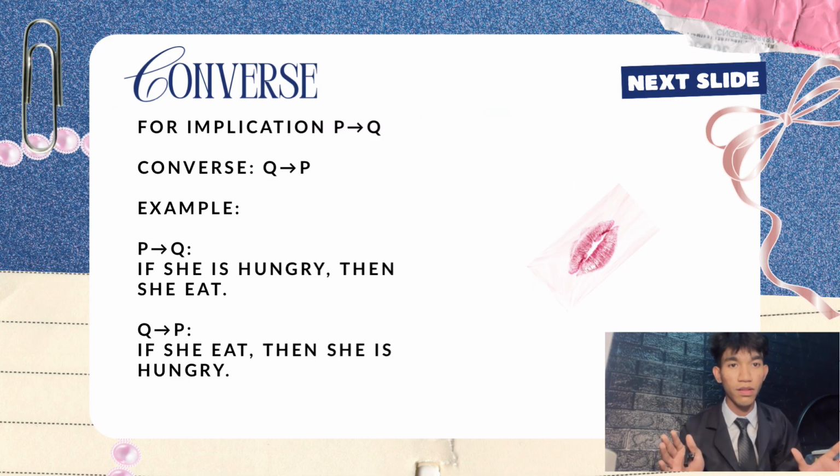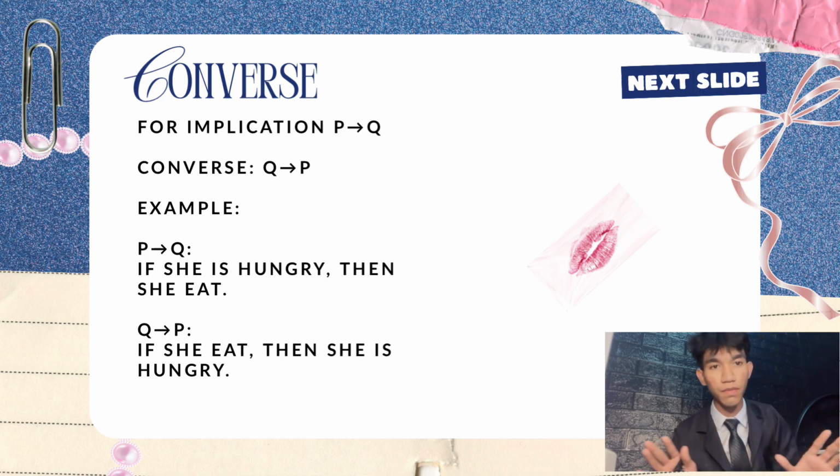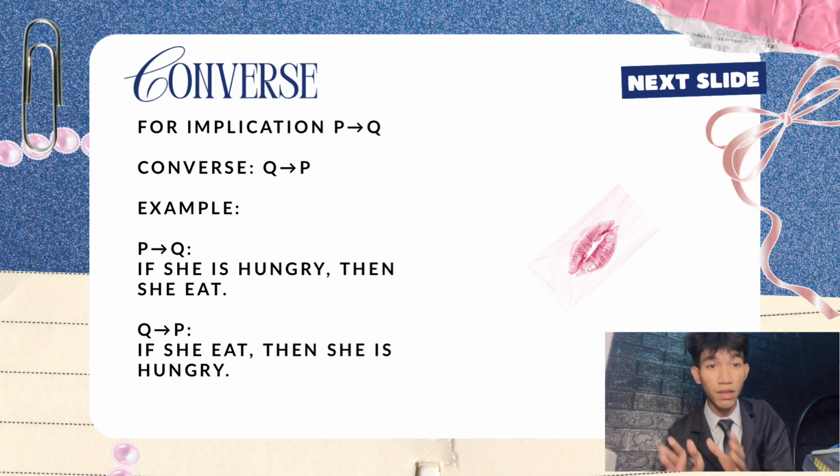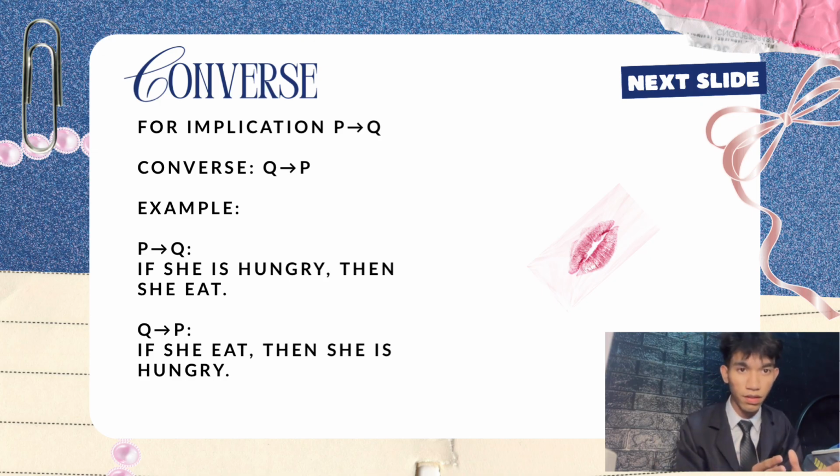Converse. I would like to explain to you guys about converse. For implication P implies Q, what is the converse of the implication? The converse of the implication is Q implies P. Okay? For example, let's say P, she is hungry, while Q, she ate.